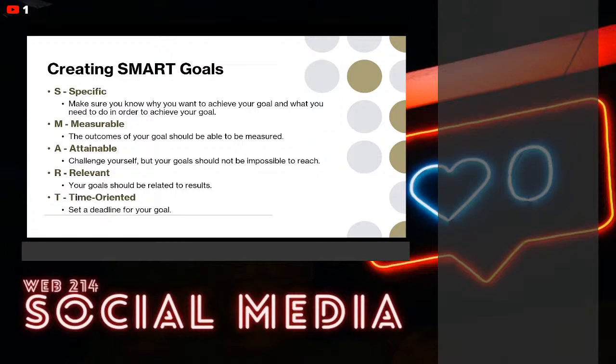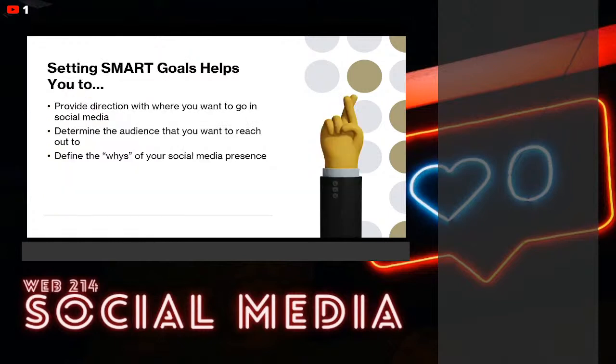And if we hold ourselves accountable to achieving these goals, and then when we do achieve them, we take a minute and reflect on the victory, right? Accept the victory and reflect on the victory, then we're going to be better off. So setting SMART goals allows us to provide direction with where we want to go in social media, right? We're building this upon the foundation of our SWOT analysis.